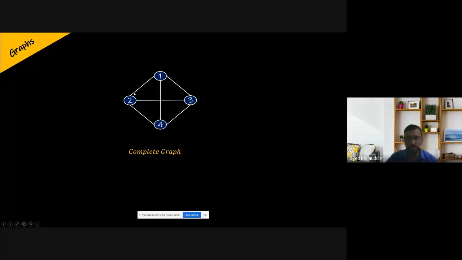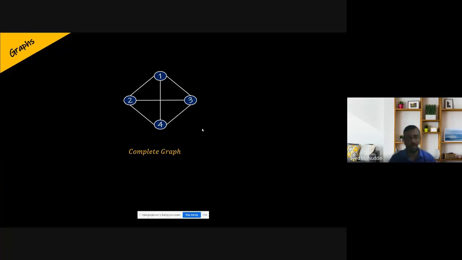So vertex 1 is connected with 2, 3, and 4. Same way with 3, vertex 1 is connected, 2 is connected, and 4 is connected. With 4, vertex 2 is connected, 1 is, and 3. So if you pick a vertex in a graph, all other vertices apart from that vertex will be connected for every vertex. This is known as a complete graph.